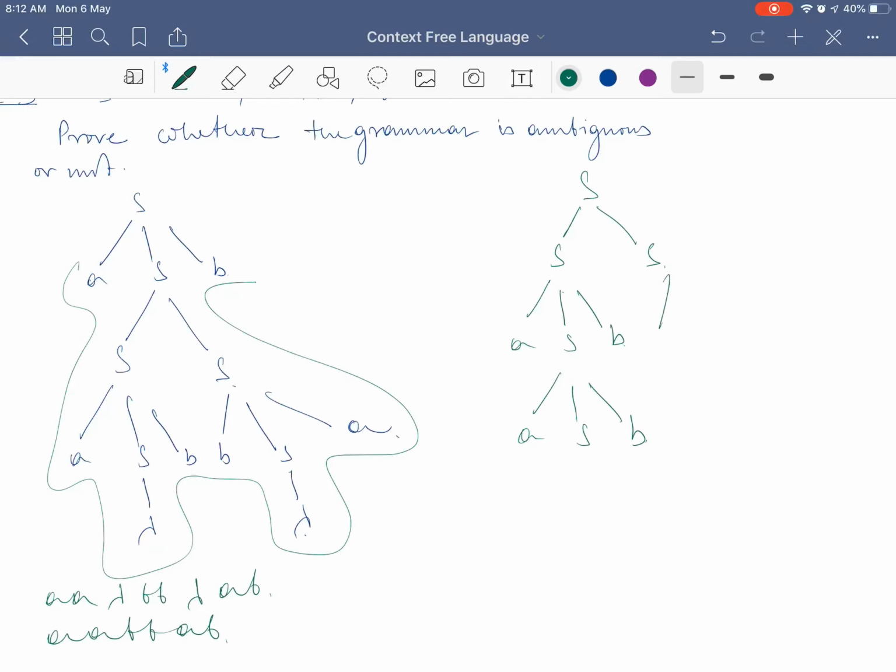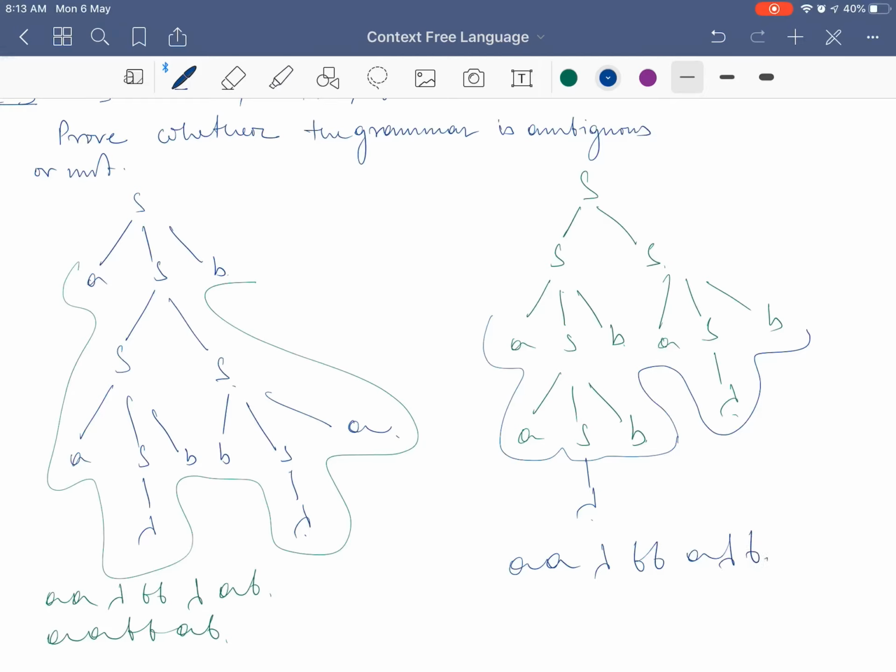So this S to aSb and this S to lambda. Now if I scan it, this S should be lambda, bb ab. So I am getting aa lambda bb a lambda b. Look at this, same string I am getting over here with two different trees. So if two different trees are possible, this one is ambiguous.